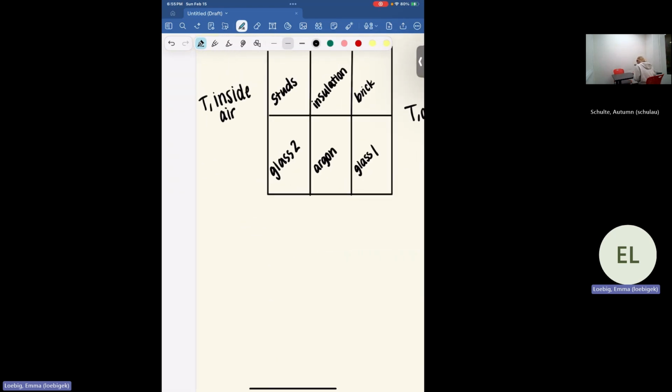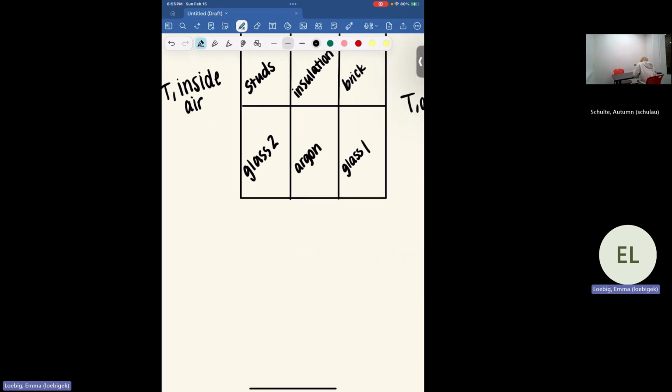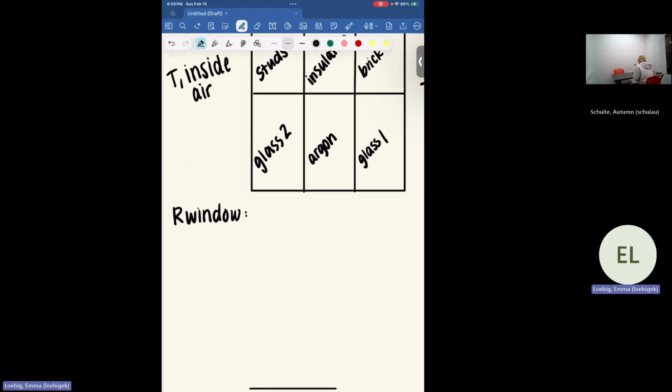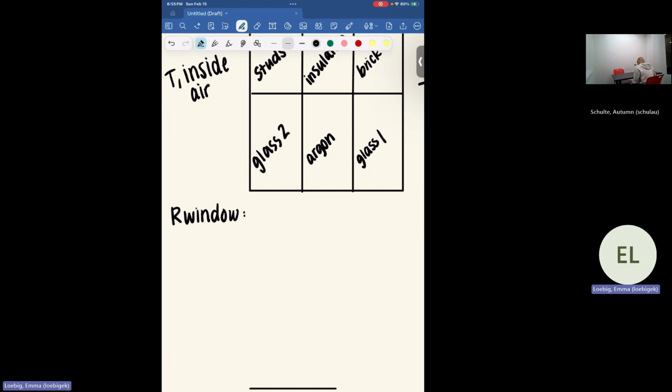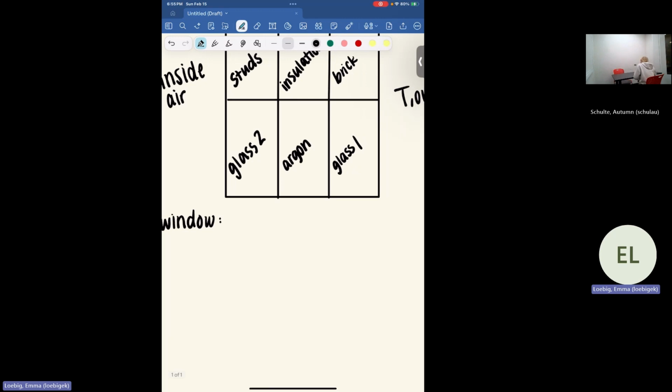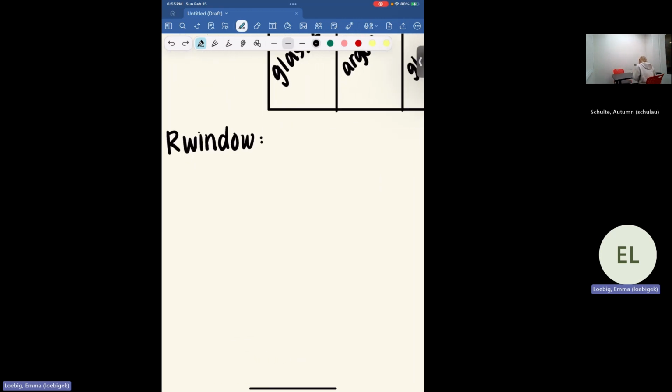Now we can start thinking about our resistance right here for our window. So the thermal resistance of our window is going to be found by adding up all of the convective and conductive heat terms, because this window is in series, so we can just simply add them up.